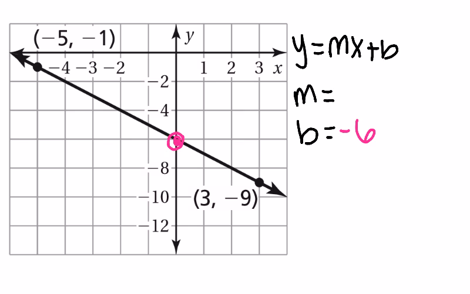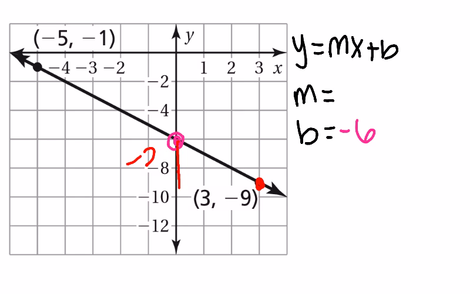Then we need to find the vertical change over the horizontal change. I'm going to go down to get to this point over here. So let's count. Remember, every step we take is going to be 2. And if I take a half, it's going to be 1. So this is going to be, looks like 1, 2, 3.